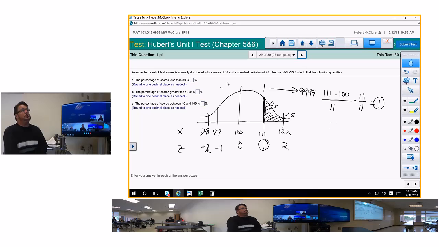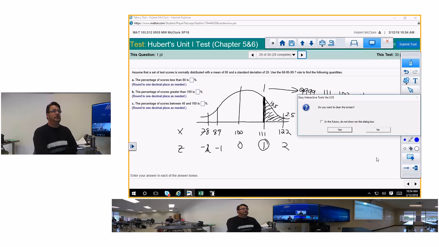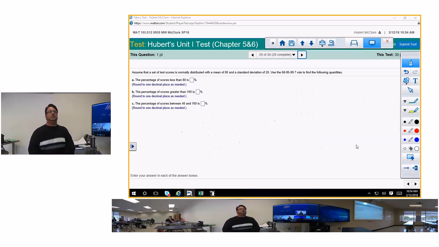Assume that test scores are 80 and 20. Use the 68, 95, 99.7 rule. Use the empirical rule to find the following quantities. All right, knock yourself out. This one you don't even need a calculator, you just need your memory.